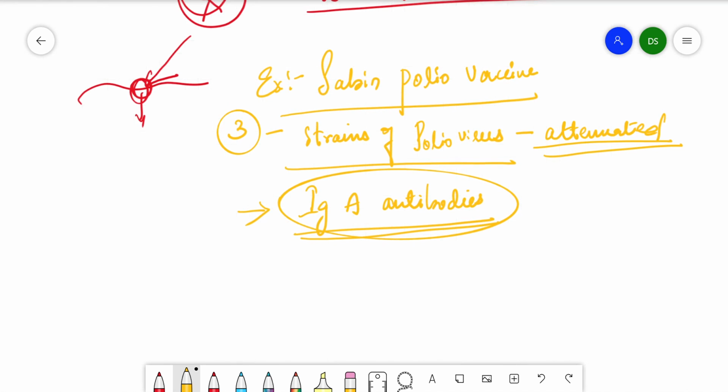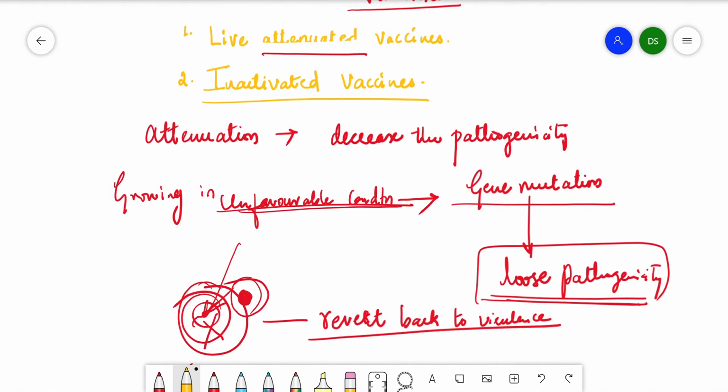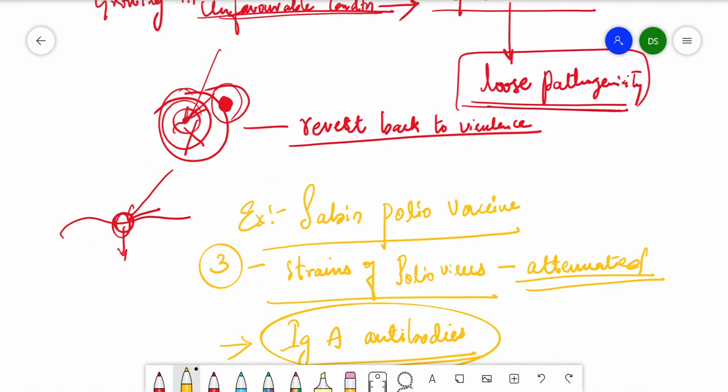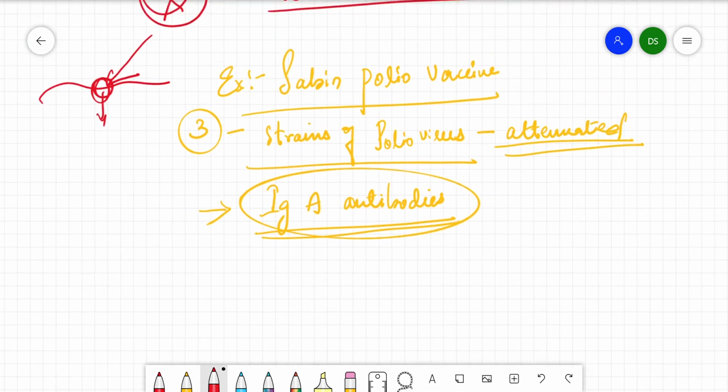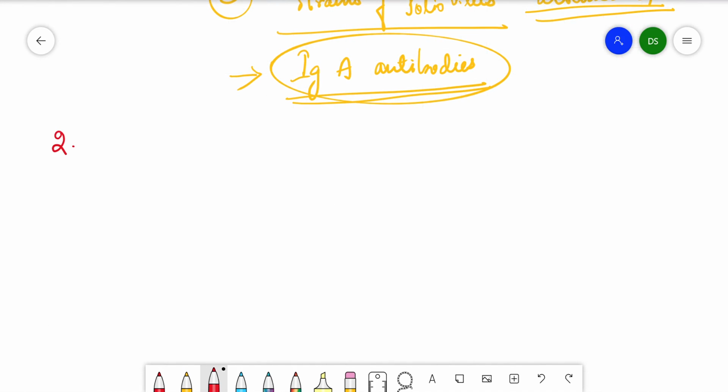Next we will be studying inactivated vaccines. So what happens in the case of inactivated vaccines? In an inactivated vaccine, we totally inactivate the pathogenic organism.